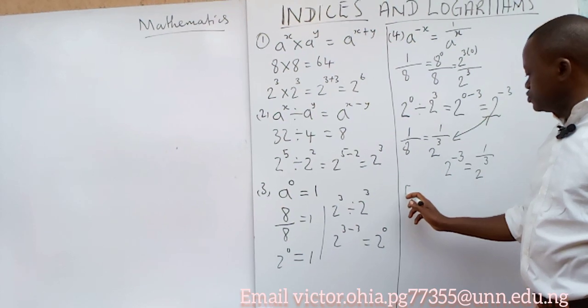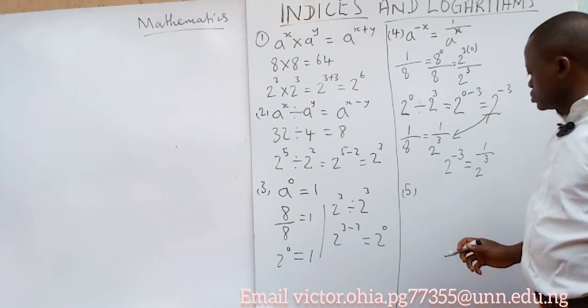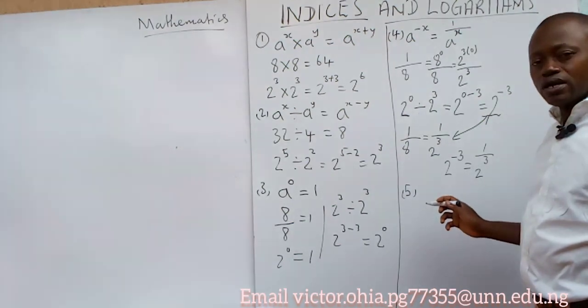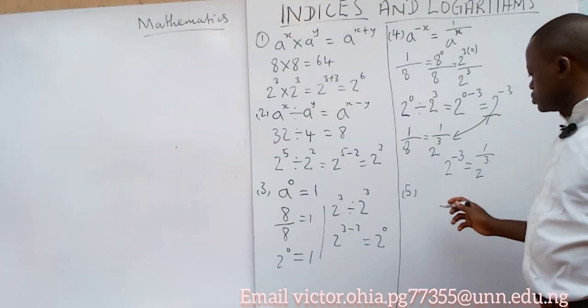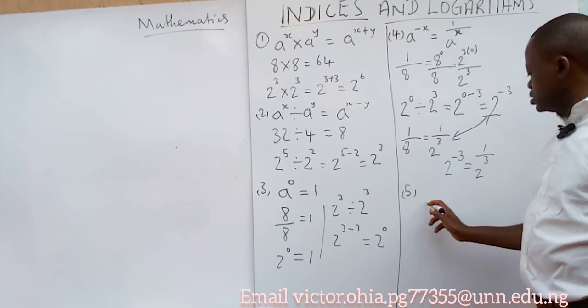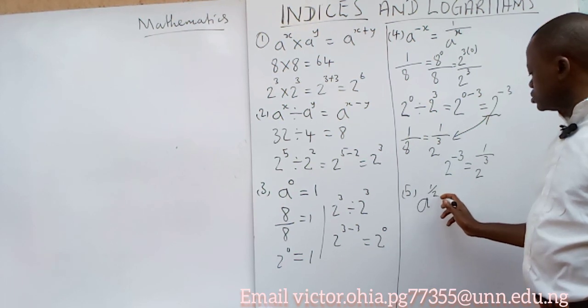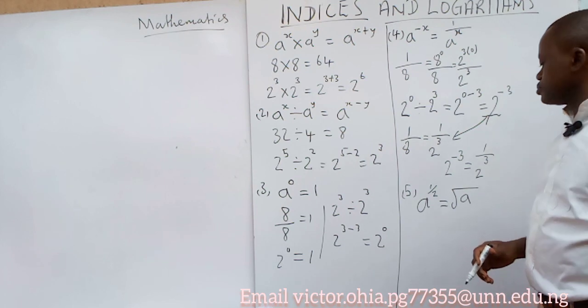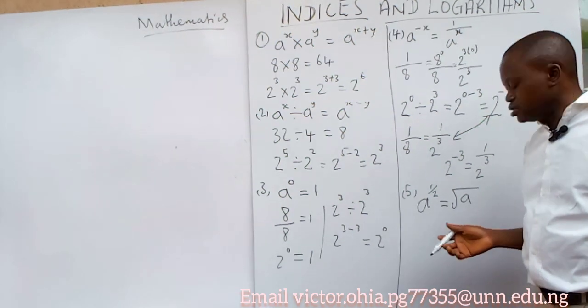So let's look at the fifth one. This one is called the square root law. And what does it say? It says that when you have a raised to power 1 over 2, it is equal to the square root of a. Good. Do we have anything to show for it? Let's see.